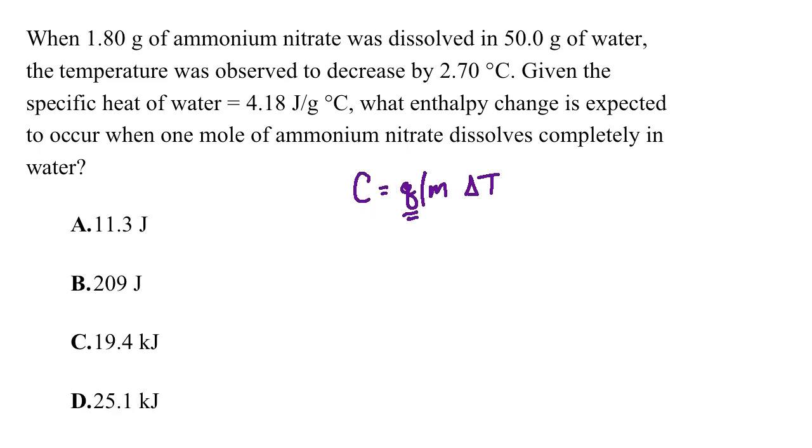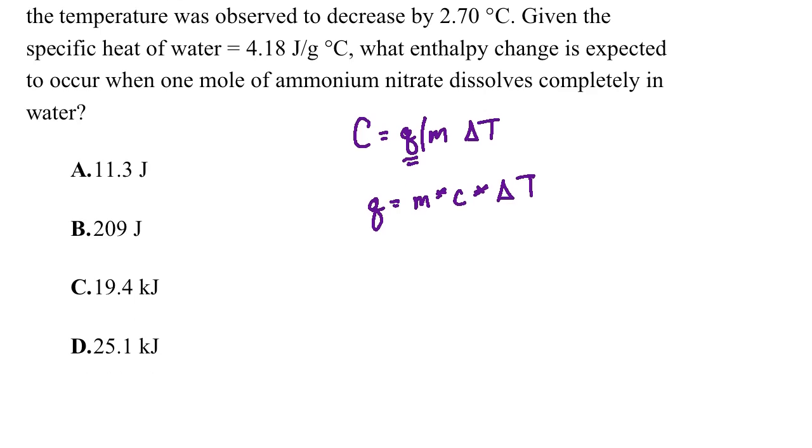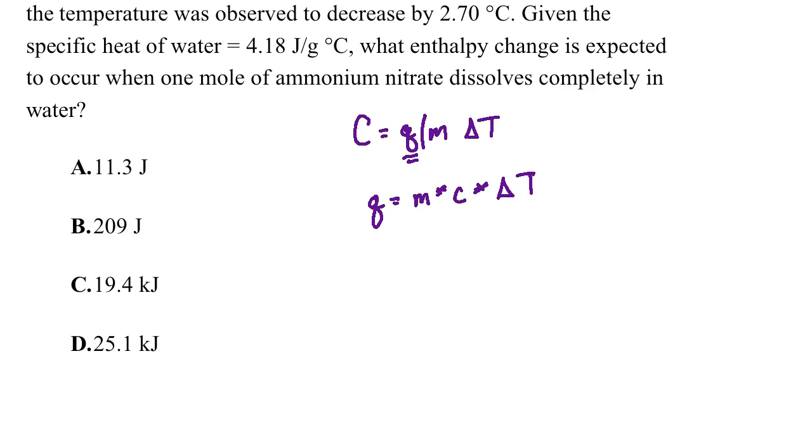What we want to find out is what enthalpy change is expected. So we need to get a hold of the joules value, which is going to come directly from Q, which is our heat value. So we can algebraically rearrange this equation so that we end up with Q equals the mass times the heat capacity times the delta T. And if we arrange it in this way, we can then plug our values in.